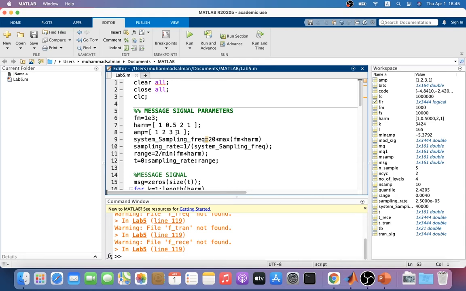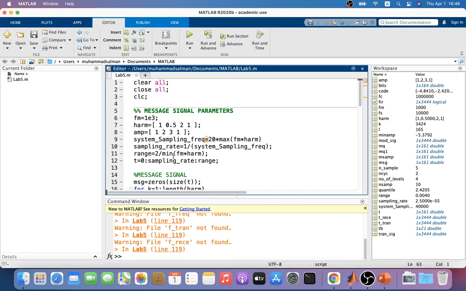And then we defined the system sampling frequency. The system sampling frequency was the source analog frequency, and then we defined the sampling rate, the consecutive difference between two points of this system sampling frequency. So actually this was your analog frequency, and the inter-point distance was the sampling rate.